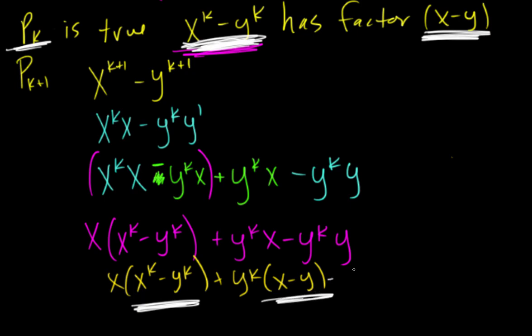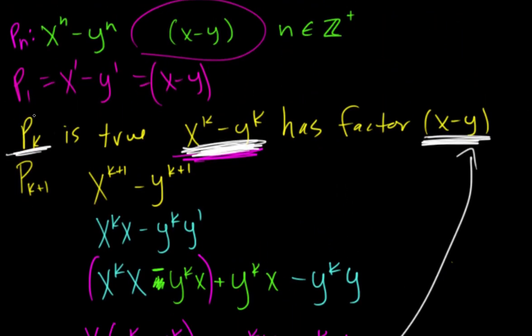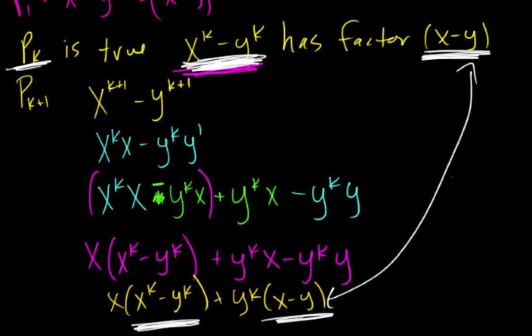This over here is the same thing, so it's definitely divisible by that, or it is a factor, and so therefore we have proven P of k plus 1 to be true. And since Pk was left kind of open, we could start at P1, and we know that P2 is true. Now, because we know P2 is true, we could start at P2 and then go to P3, and we could do that to infinity. So that one is done.